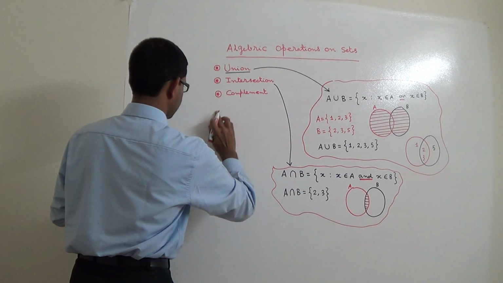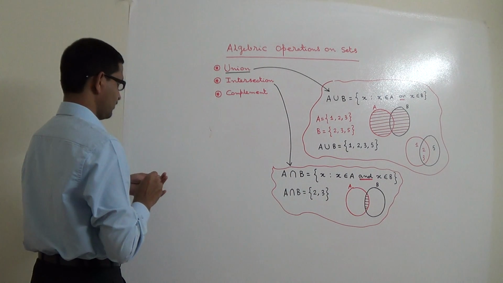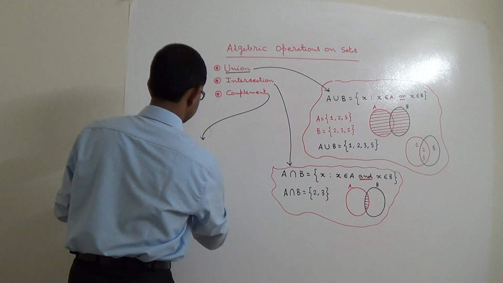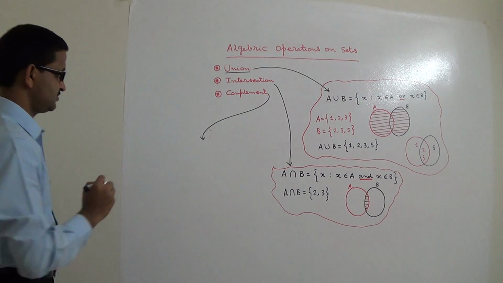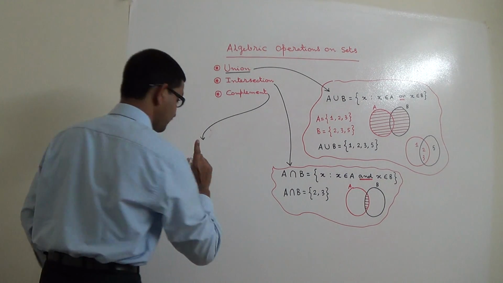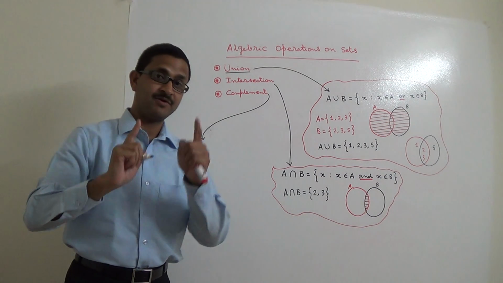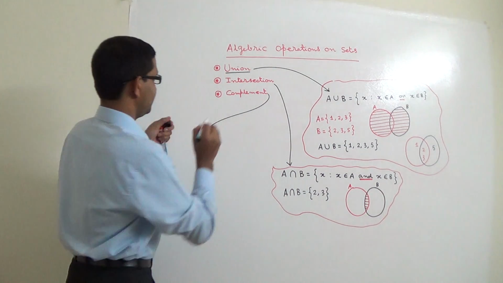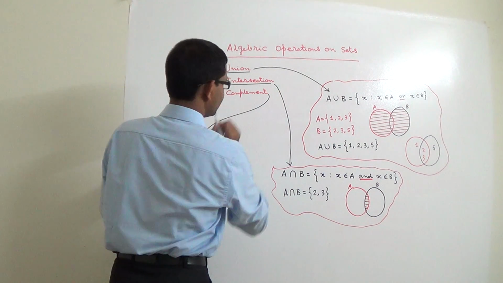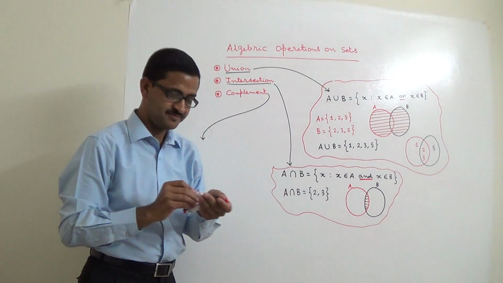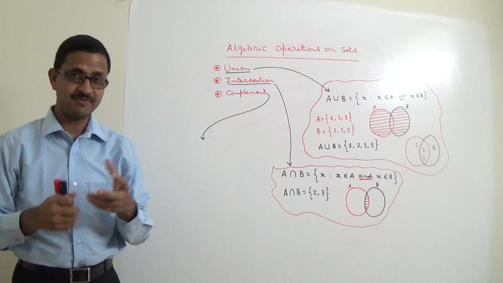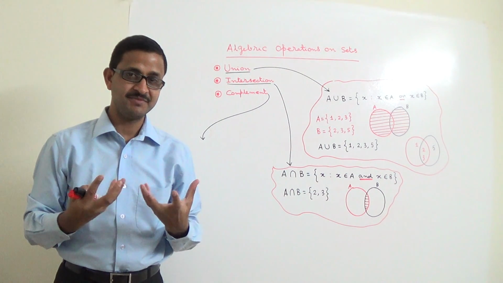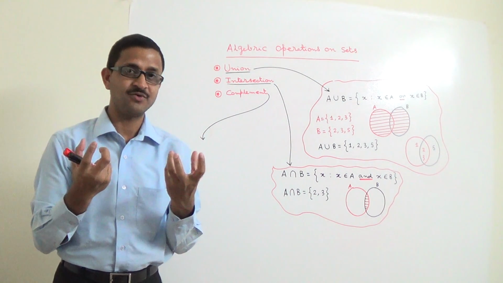Complement is applied on a single set. In case of union and intersection, you saw that there are two sets required, right? So it is a kind of binary operation. That means there are two operands and one operator.